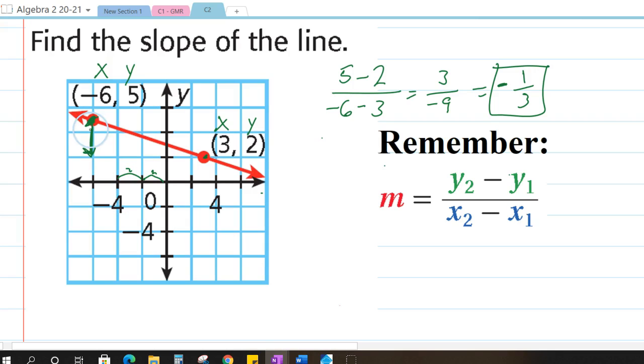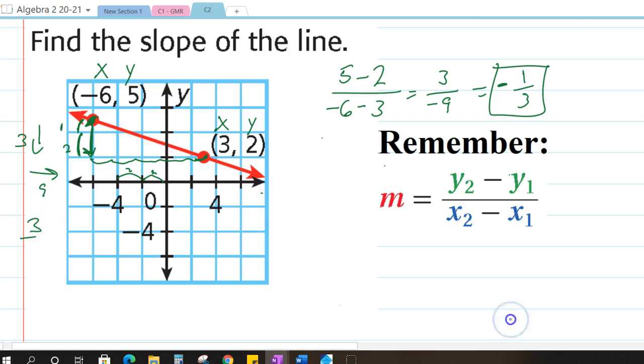So how far down did I go? Well, from here to here is 2, and from here to here is 1. So I went down 3. Then how far over do I go? 2, 4, 6, 8, and a little bit more is 9. So I went to the right 9.